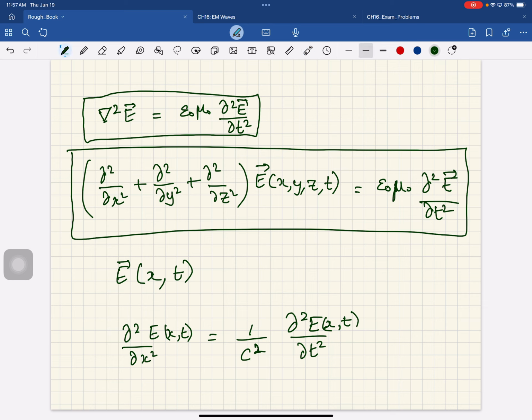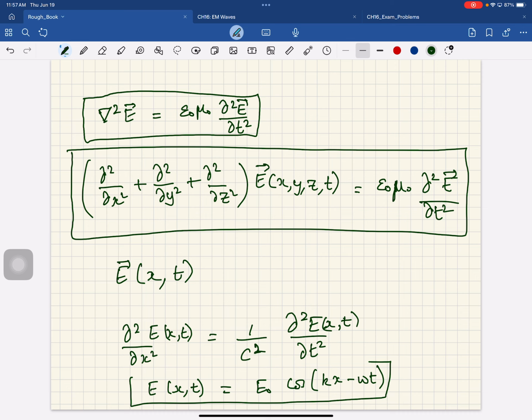So if electric fields and magnetic fields exist in vacuum, an electric field of this form must exist in vacuum. So we'll call this the amplitude E naught cosine kx minus omega t. So this solution exists in vacuum, where omega by k is equal to the speed of light.